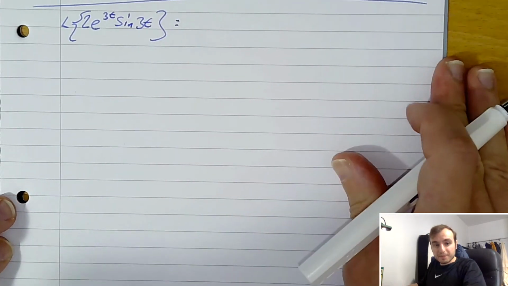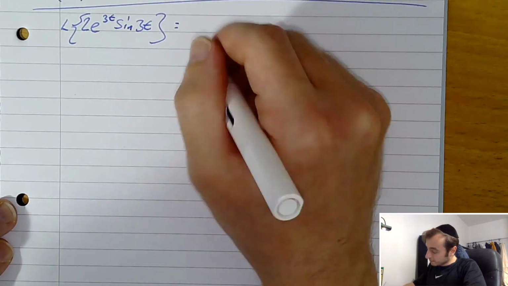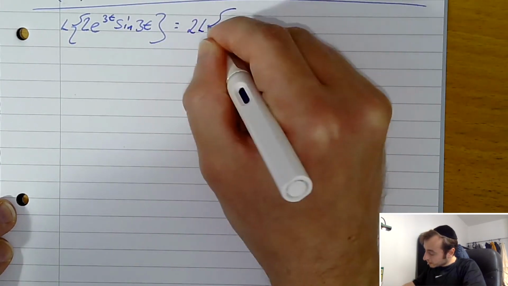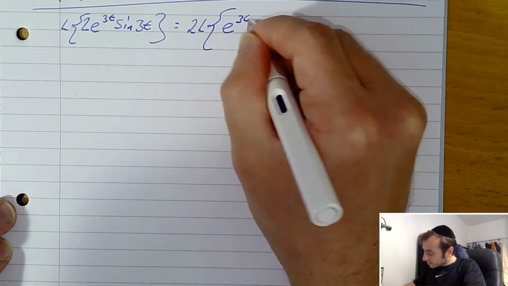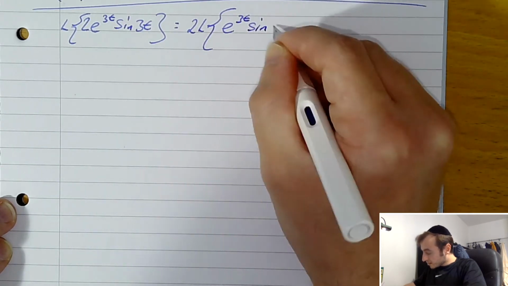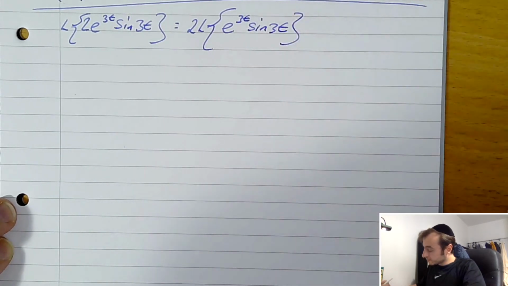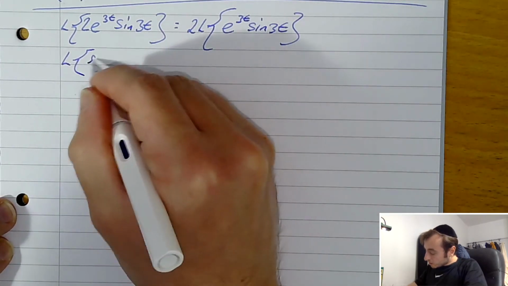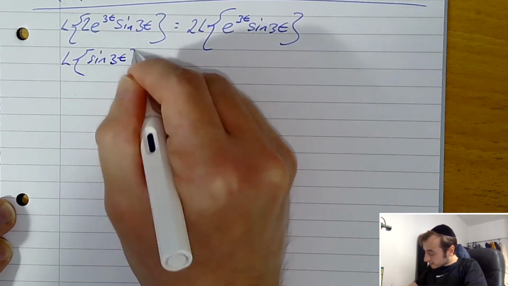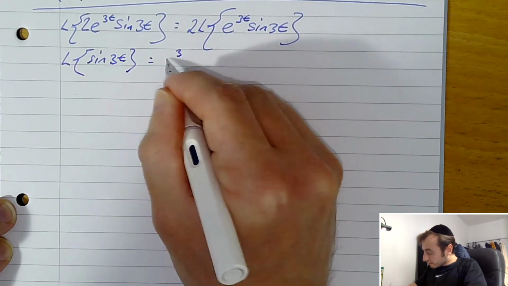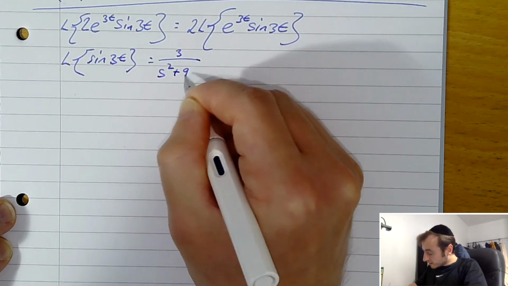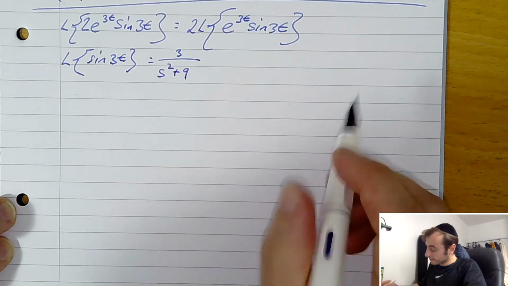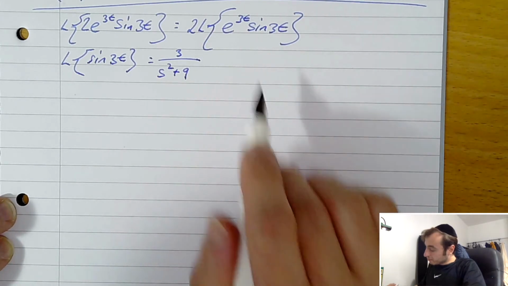We can say that that's going to be equal to 2 times the Laplace transform of e to the 3t sine 3t. And we know that the Laplace transform of sine 3t equals 3 on s squared plus 3 squared, which is 9. And now we've got the property of shift going on.